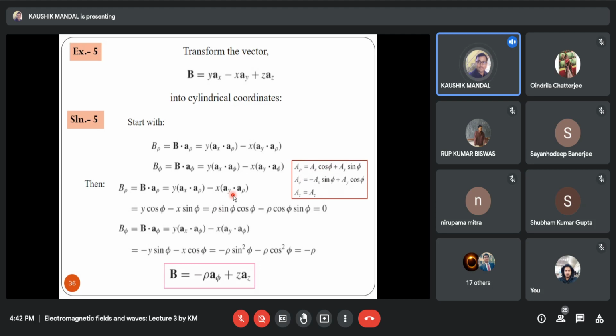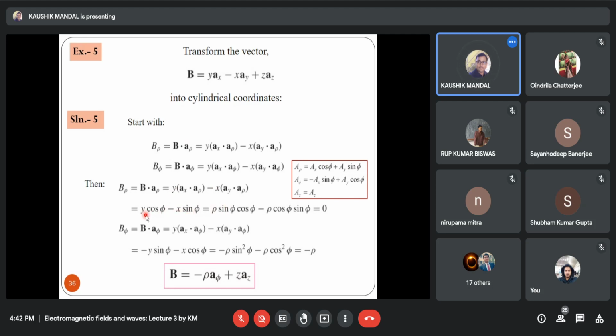If you find out ay dot a rho, it will become sin phi. It will leave only the sin phi. So it becomes y of cos phi minus x of sin phi.